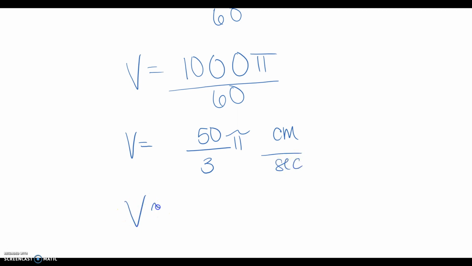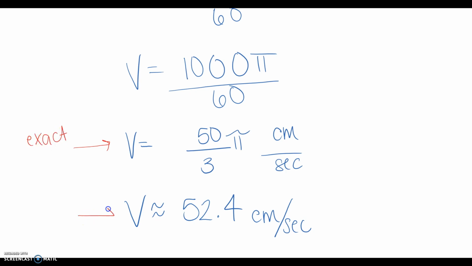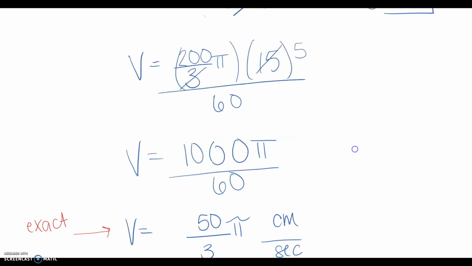But we want approximate, and we'll do nearest tenth again. So 50 divided by 3 times pi, we can do that in our calculator, and you should get 52.4 centimeters per second. And then just remember, a side note again: this is exact, and this is approximate.